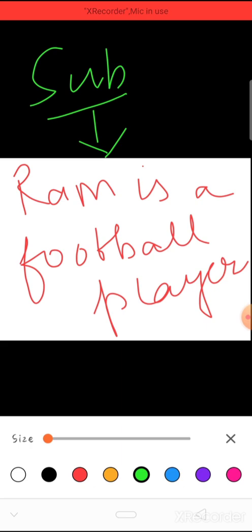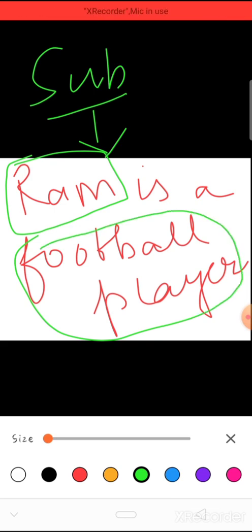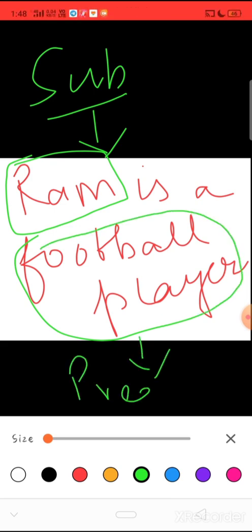Here in this sentence we are talking about Ram, so he becomes the subject. And whatever we are telling about him becomes the predicate. So here we are saying that Ram is a football player. So this becomes the predicate.